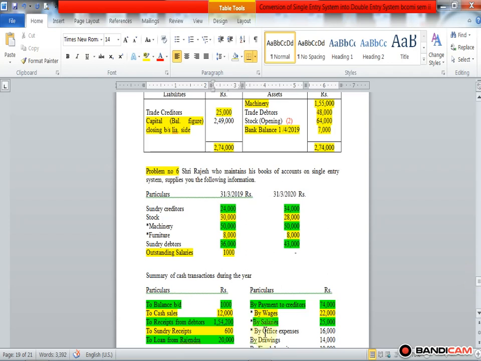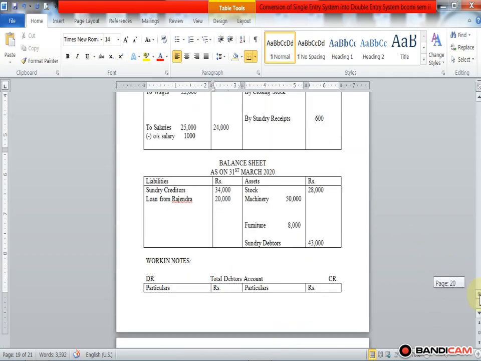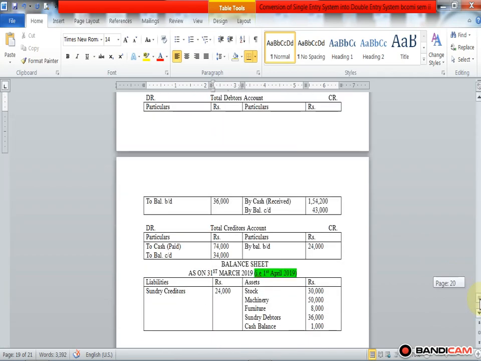Okay, so here opening liability. The effect of outstanding salary is transferred to the opening balance sheet. Outstanding salary is our liability and it is posted on the liability side of the opening balance sheet.